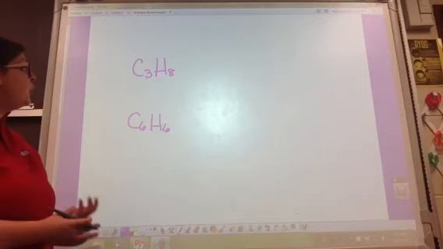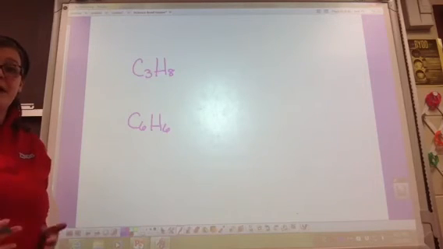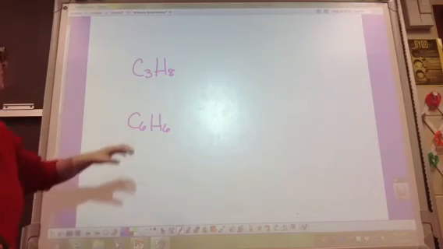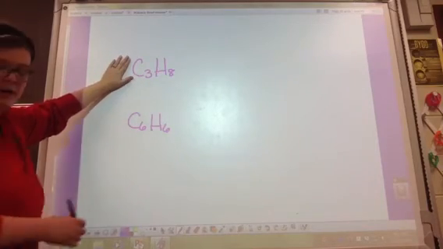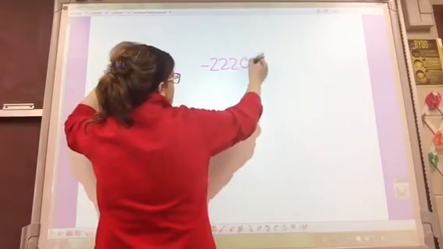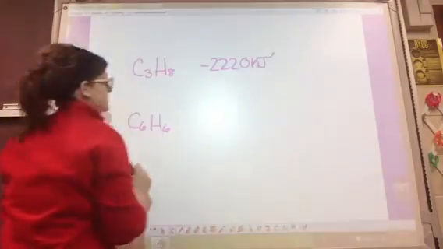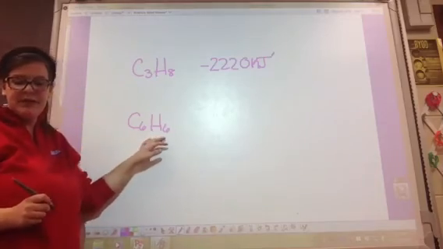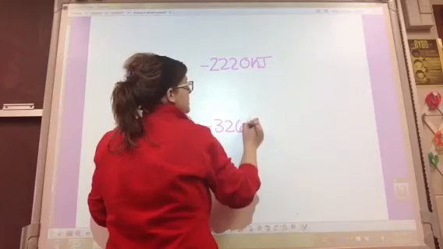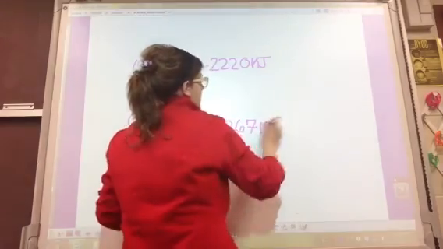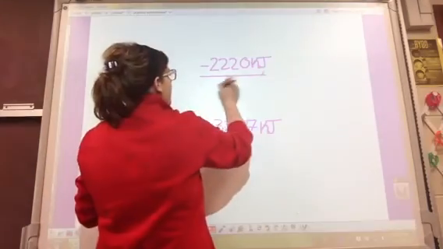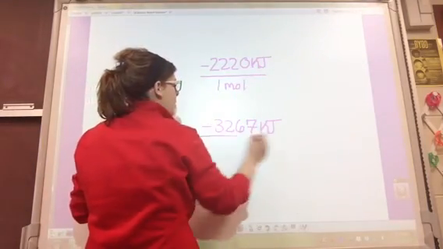So I know I could look in my Appendix C and find that the amount of heat that's produced when I combust propane, if I look in Appendix C, I would get negative 2220 kilojoules. If I look at the same thing for C6H6, I find a negative 3267 kilojoules. And that would be per mole, if I had 1 mole of them.